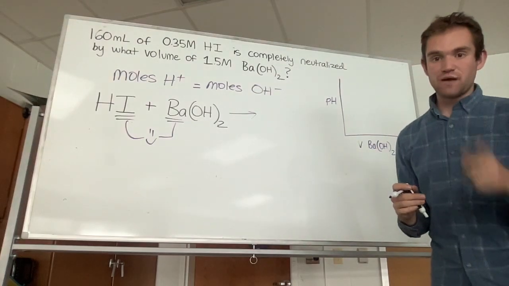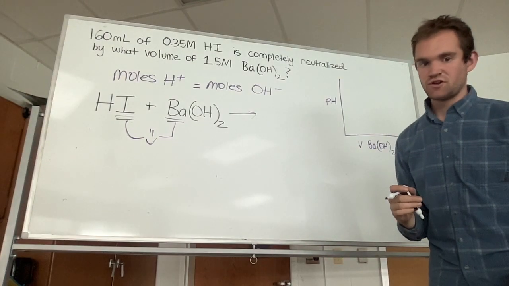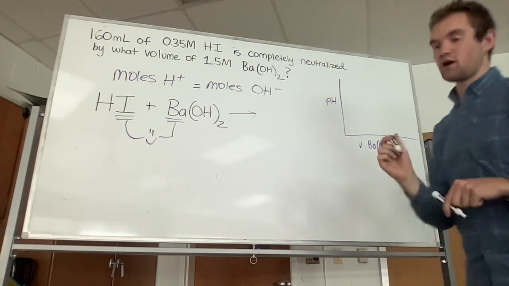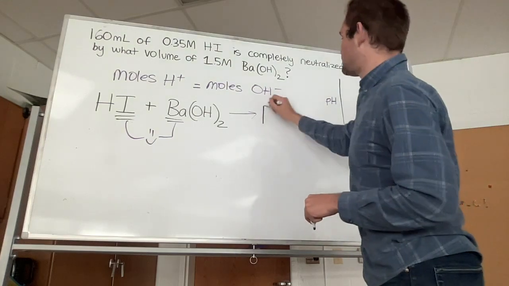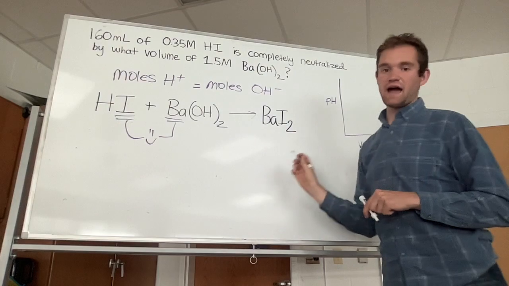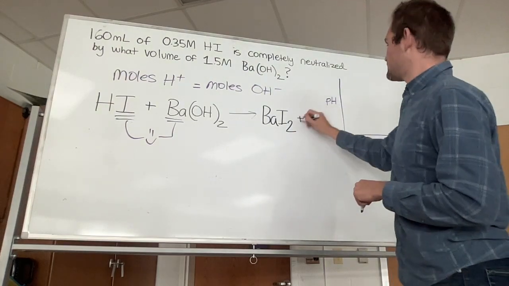But keep in mind that barium has a +2 charge, whereas iodine only has a -1 charge. So for my products here, I need 2 iodines for 1 barium. So BaI2 is your salt. You also have water.